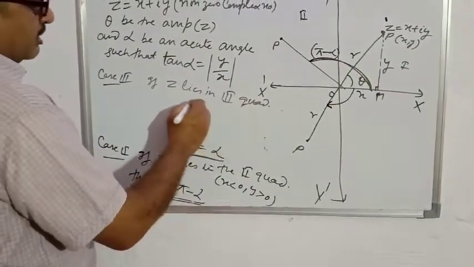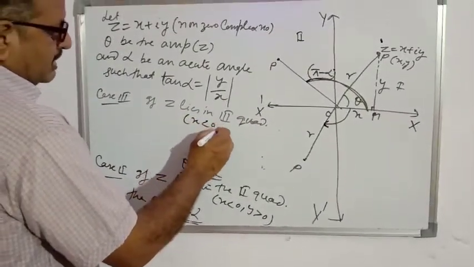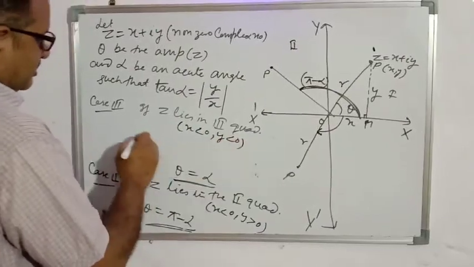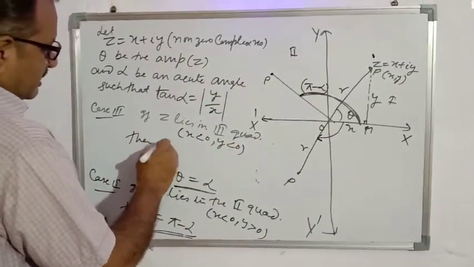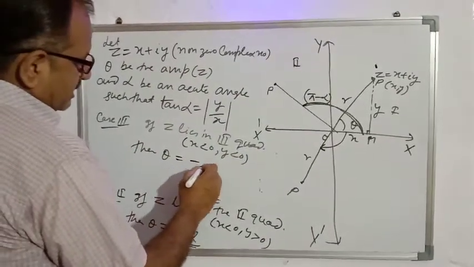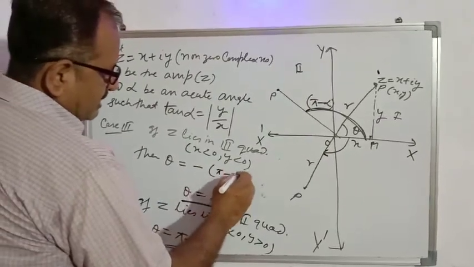If z lies in the third quadrant, x less than 0, y less than 0, then theta will be minus (pi minus alpha).